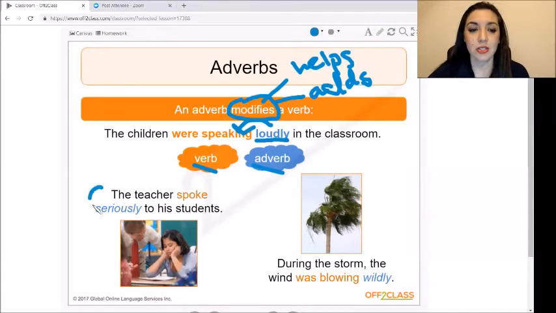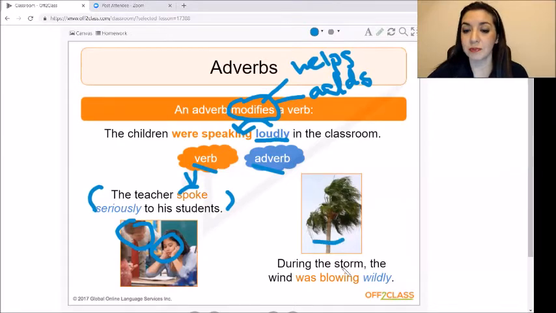Okay, let's try this one. The teacher spoke. Spoke is the verb. The teacher spoke seriously to his students. Oh, he looks very serious, and so does she. Okay, so the teacher spoke seriously to his students.